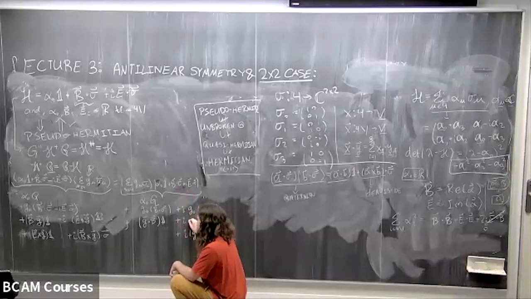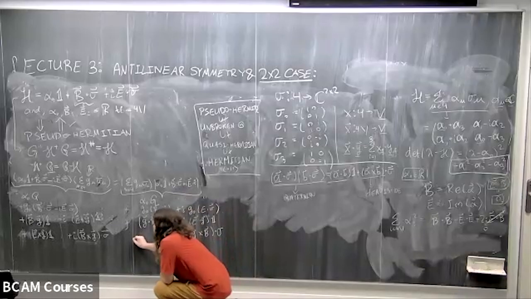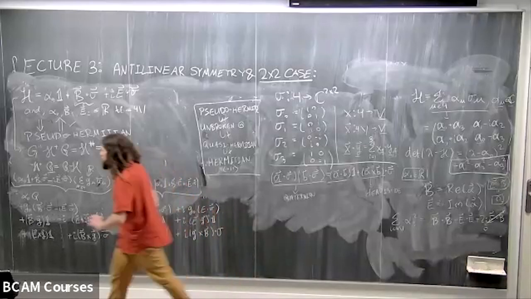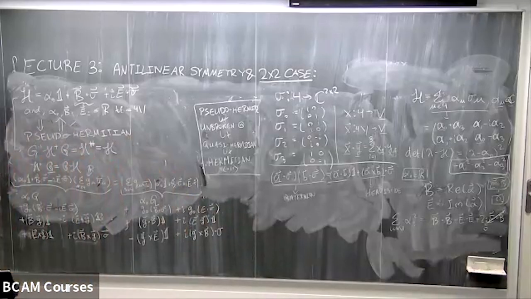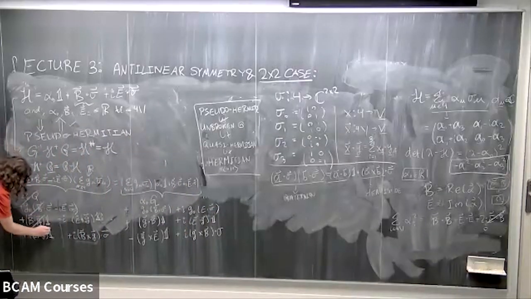This has a plus sign. And let's see, so I get, okay, if I'm not mistaken, there's a bunch of stuff that cancels out. Basically, all of the real parts should be the same.